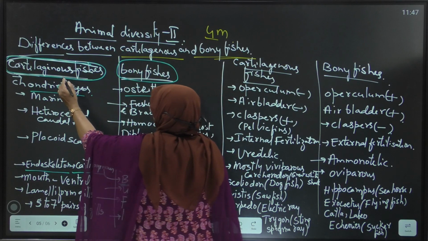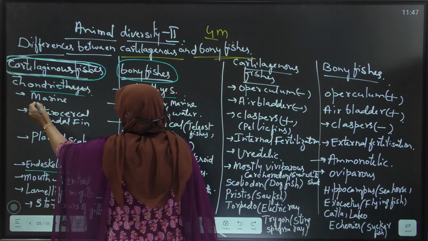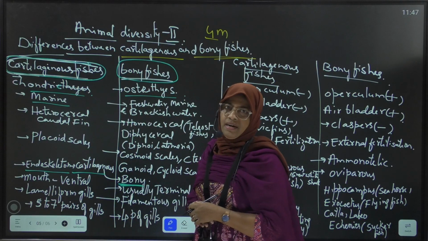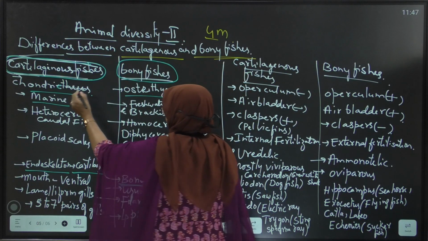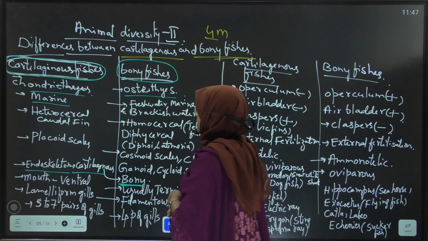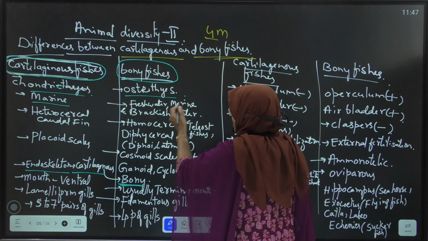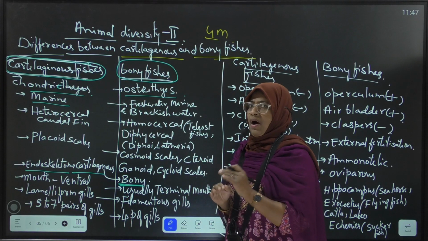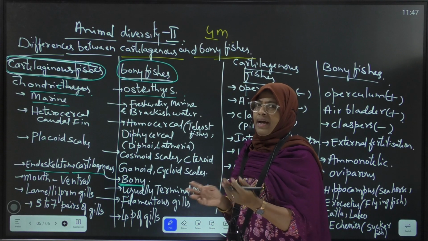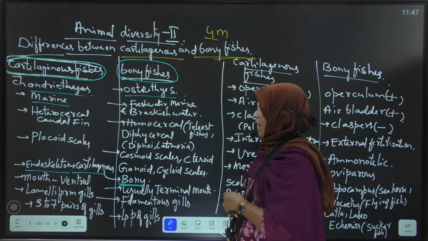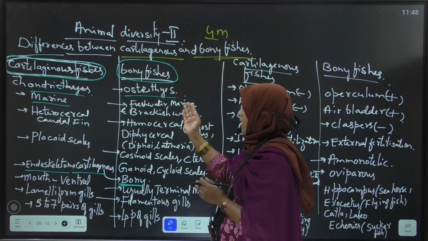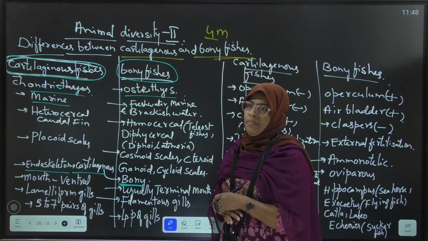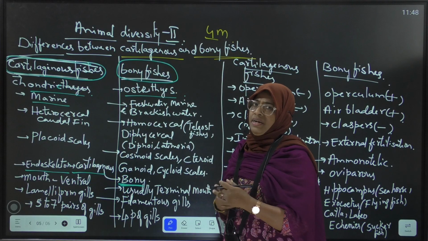Next, cartilaginous fishes are marine. They live in sea water. Bony fishes may live in fresh water, marine water or brackish water, meaning they live in all types of aquatic habitats. Brackish water means the place where the river meets the sea.